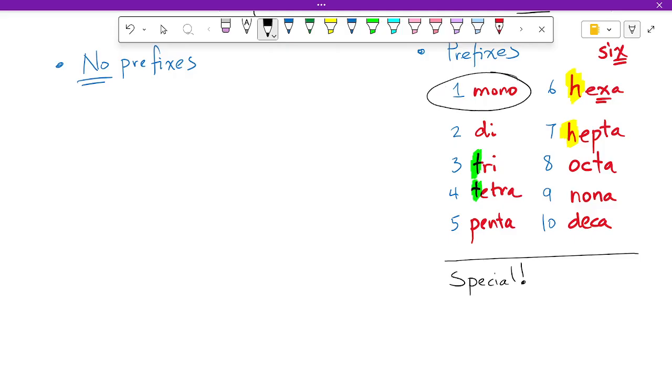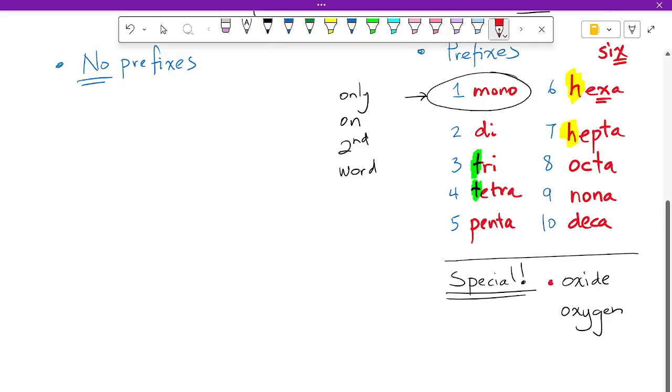Yeah, mono, only on the second word. And then special for oxide and oxygen.